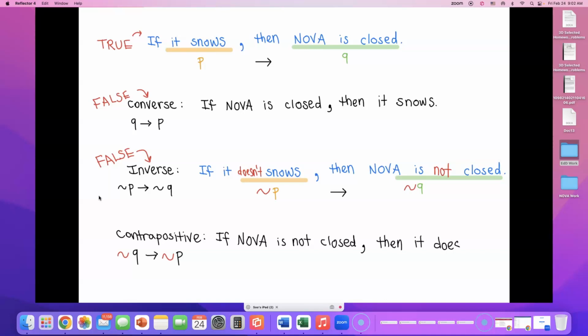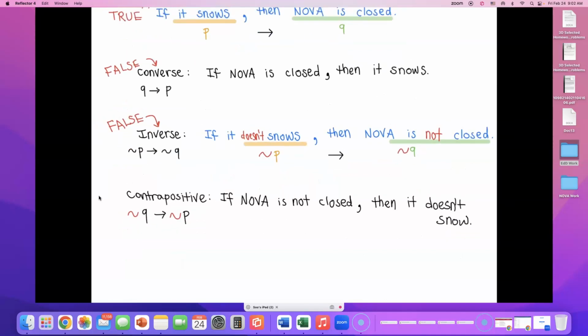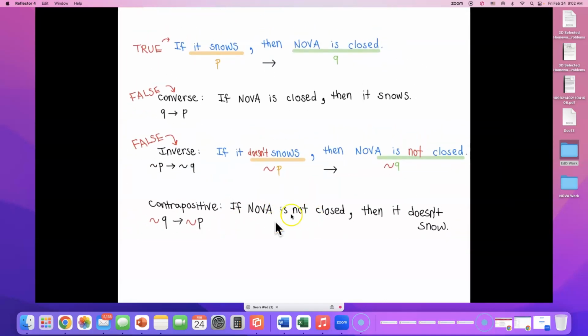Let's take a look. So lots of negations kind of sound confusing, but let's see if this is true or false, okay? If Nova's open, then it didn't snow. I think that's true, right? I know it's gotta be true because a conditional statement and contrapositive are always logically equivalent.